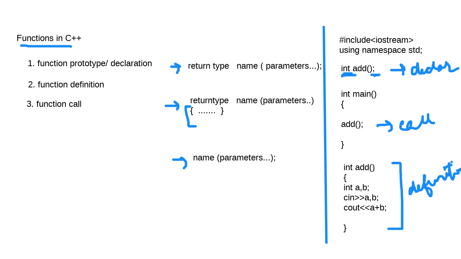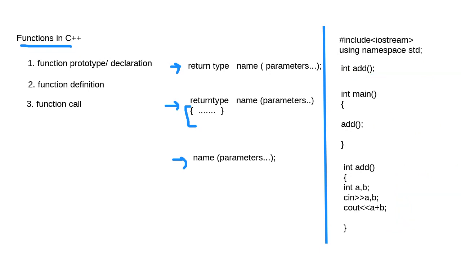Okay? So now tell me, what changes do I make in the main function and in the add function now? I need to return the sum. And this time I want to print the sum from the main itself. So what changes will I make in add? One is I've changed the return type. Return type becomes int. So what changes will be made in this line?